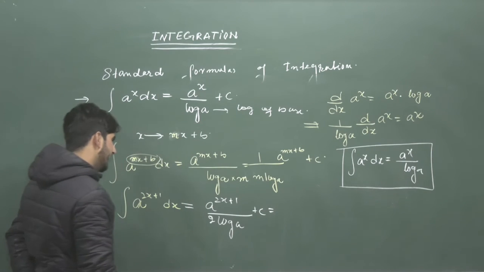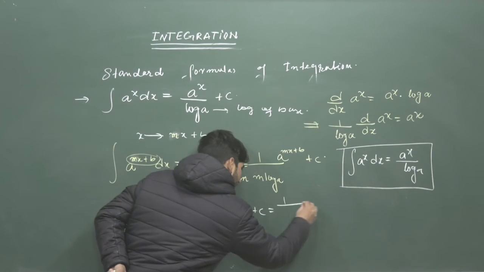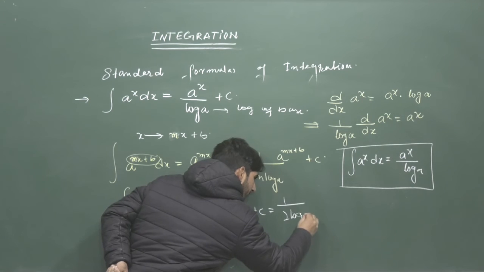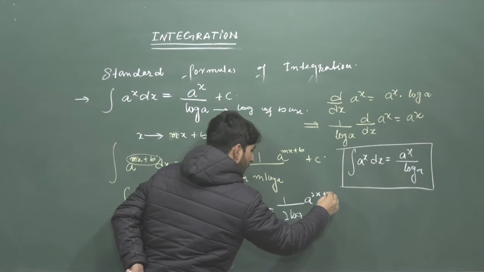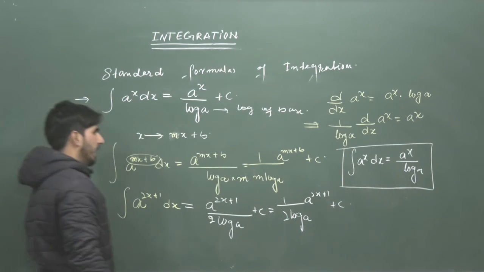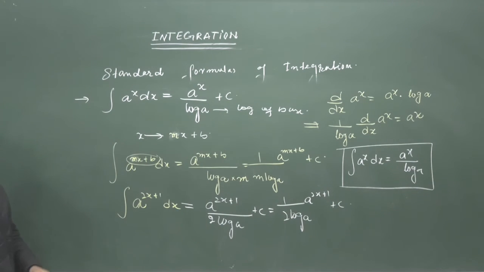So the final result is 1 divided by 2 log a, a raised to power 2x plus 1 plus c. This is the procedure how to find the integration of a raised to power x.